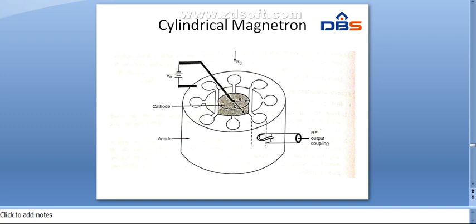If the DC voltage and the magnetic flux are adjusted properly, under the combined forces, the electrons follow the cycloidal path in the anode-cathode space.